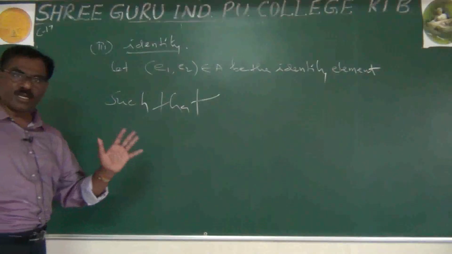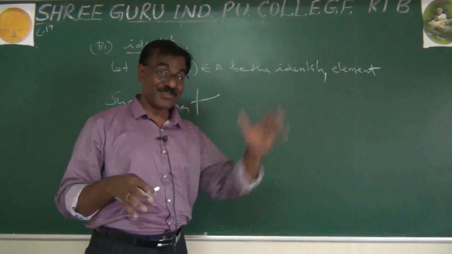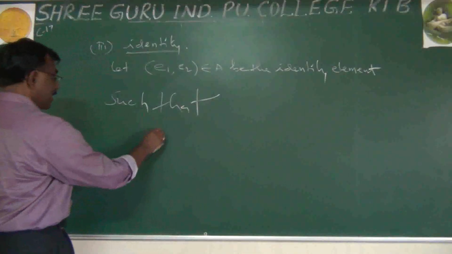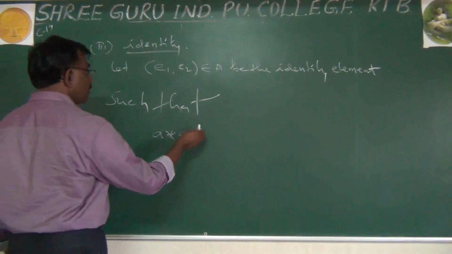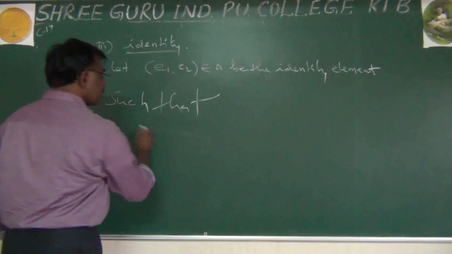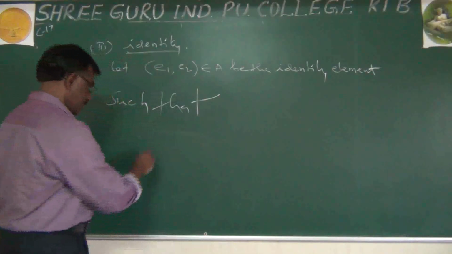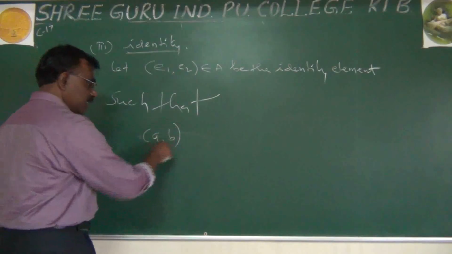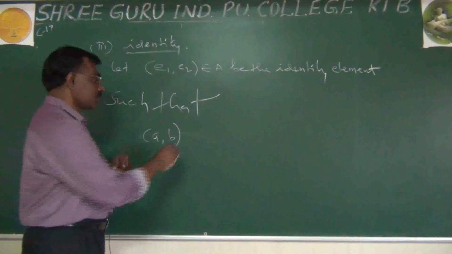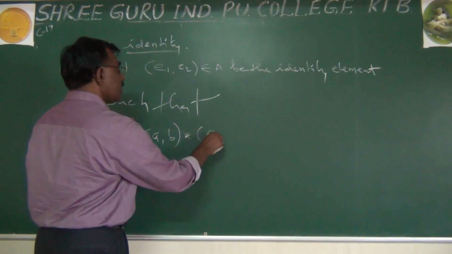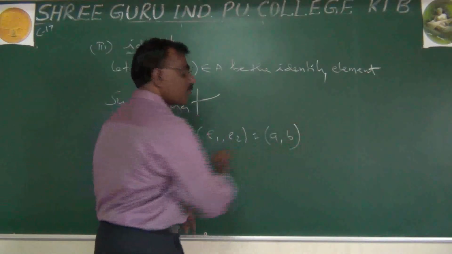You know what is the identity now? A star E equals A. One element you have to select. (A, B) is an element: A star E equals A. This is (A, B) star (E1, E2) equals (A, B).